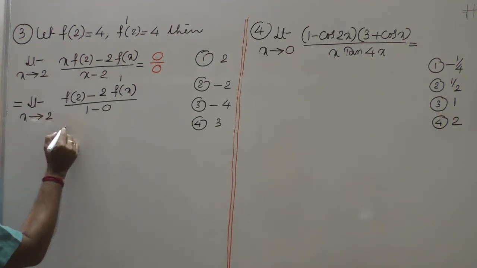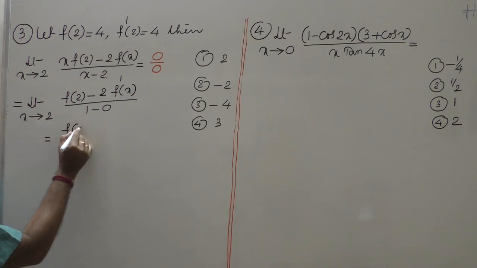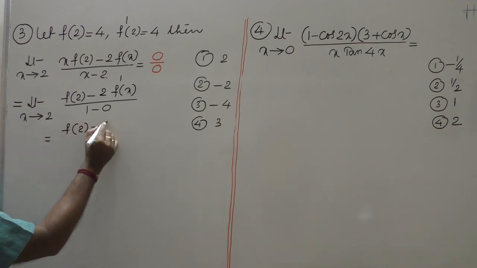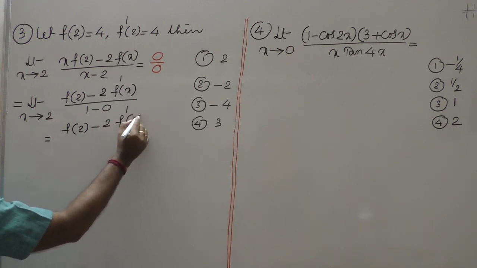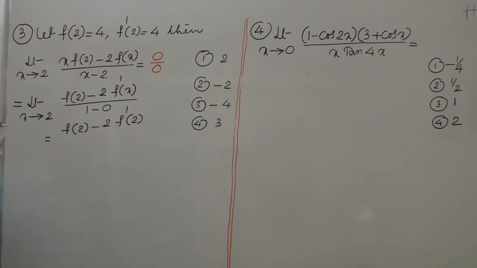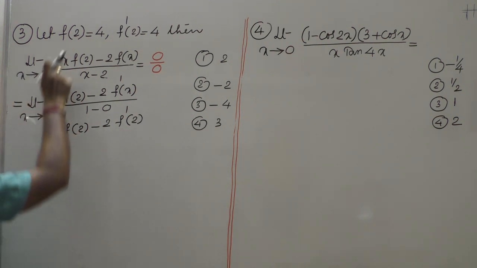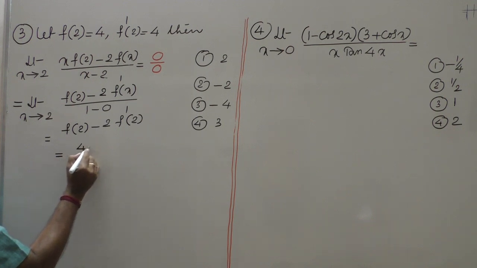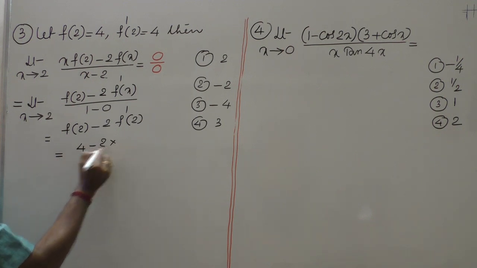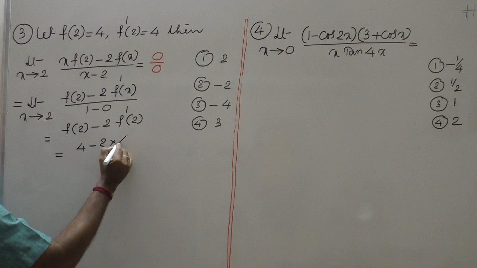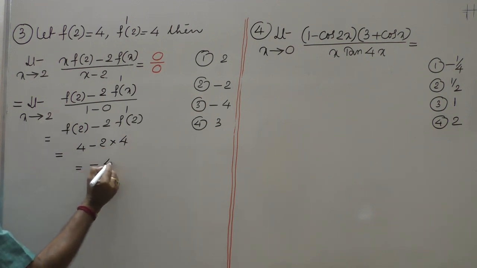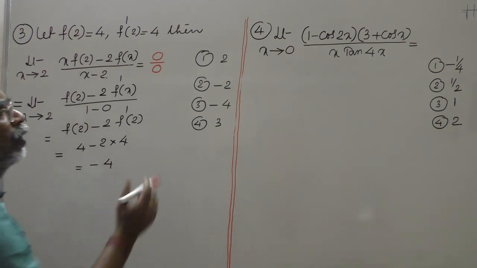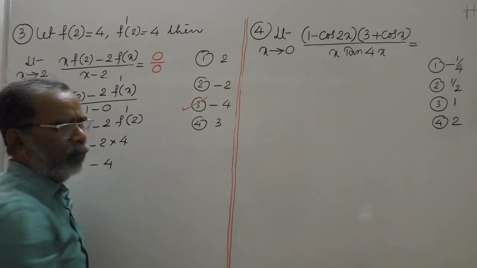If I put x equal to 2, in the first one f of 2, there is no x. 2 into f dash of x, x tending to 2, divided by 1 means 1 only, no problem. So what is f of 2? Given it is 4. Minus 2 into f dash of 2, given as 4. What is this? 4 minus 8, it is minus 4. Therefore, its limit value is minus 4.